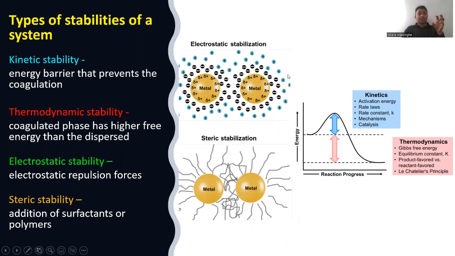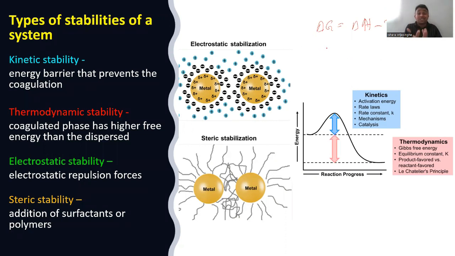And the next one is thermodynamic stability, right? That's where we talk about Gibbs free energy. I think you know what is Gibbs free energy. Delta G equals the enthalpy delta H minus the temperature times entropy, right?